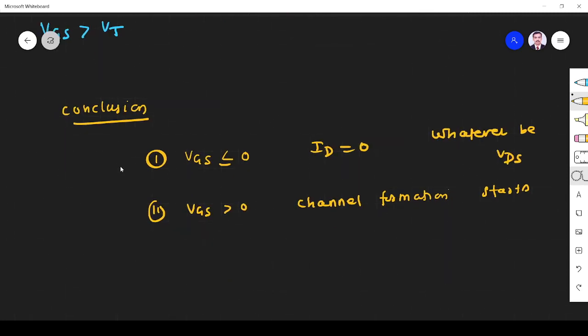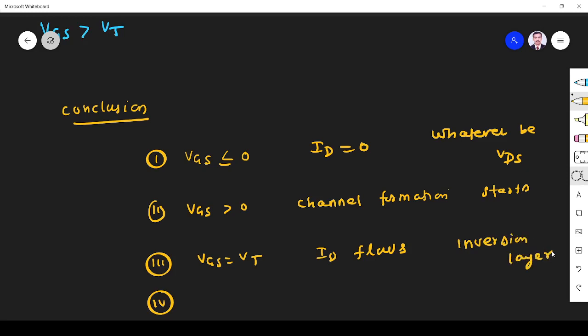So when VGS is equal to VT, ID starts flowing, right? So here the inversion layer is created: VGS equals VT and VDS is greater than 0.